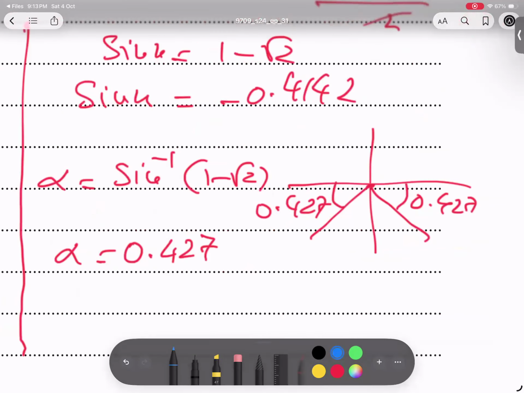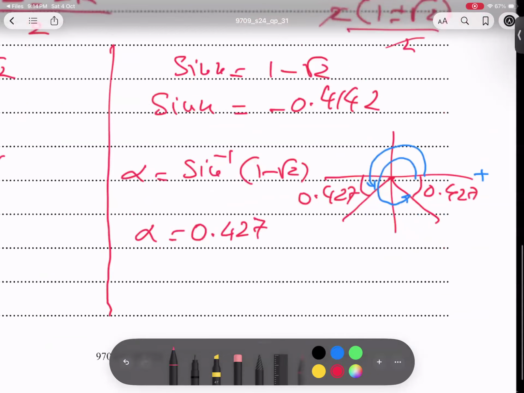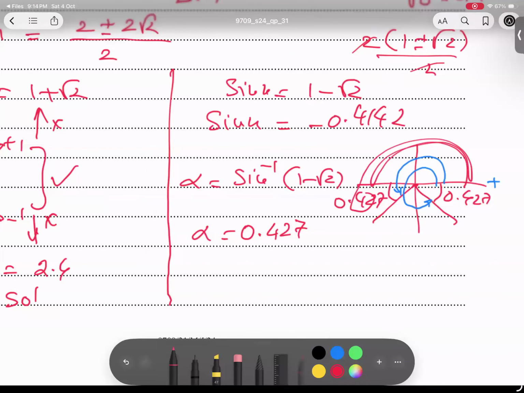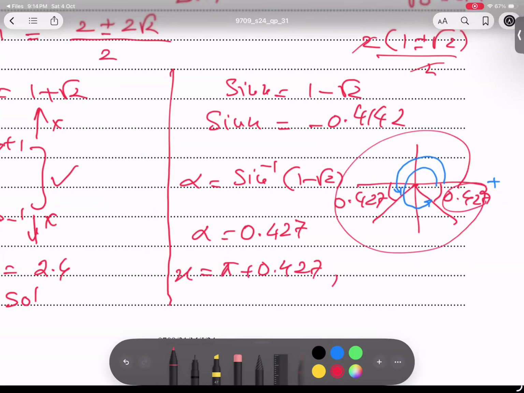Now, student, what is my first answer? Always start from here and complete till here and here. So we have to say this is pi plus that. One answer is pi plus that. So my answer is pi plus 0.427. And second is 2 pi minus that. So I'm finding the first answer, pi plus 0.427.